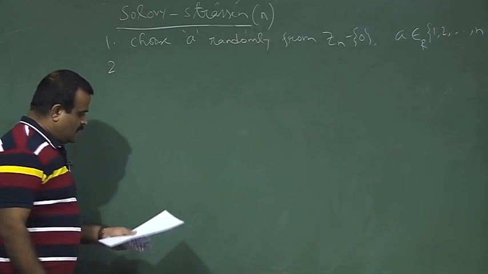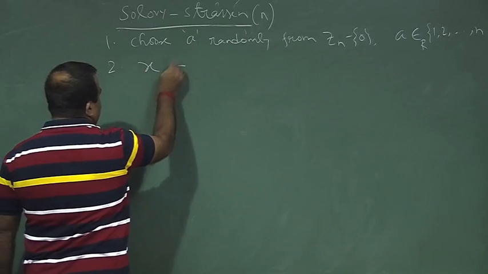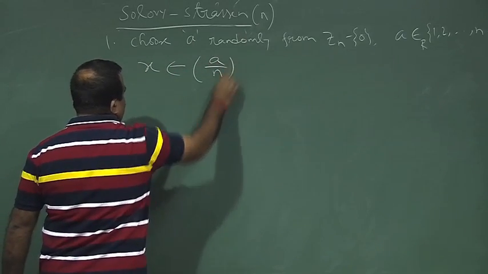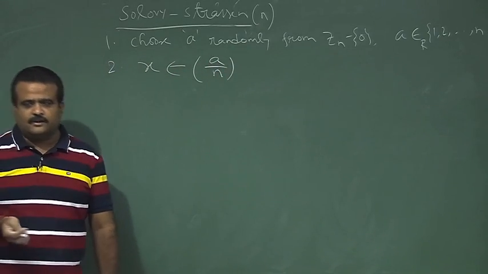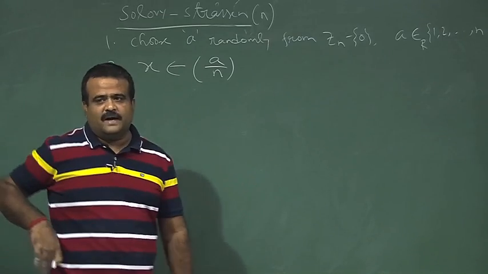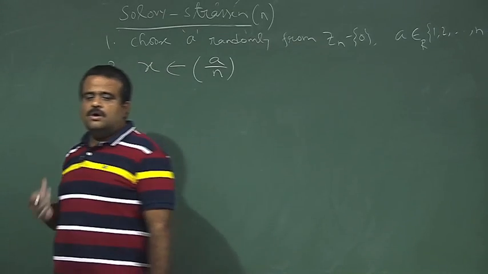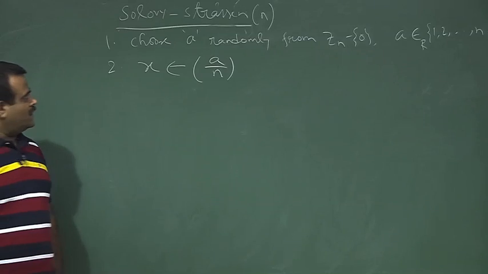Now, we calculate this Jacobi symbol. So far we should say this is a Jacobi symbol, since we do not know whether n is prime or not. If n is prime, then we call this a Legendre symbol, but we do not know yet.